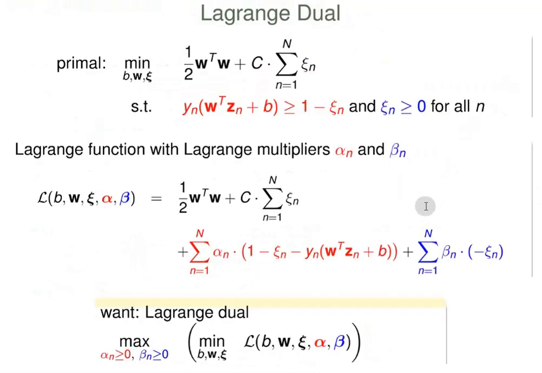We need to solve this soft margin SVM optimization problem and obtain our optimal weight, and then the bias.